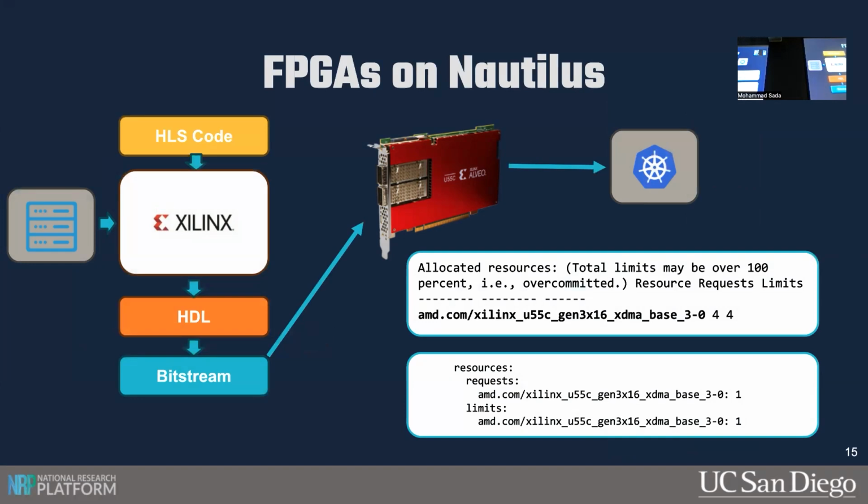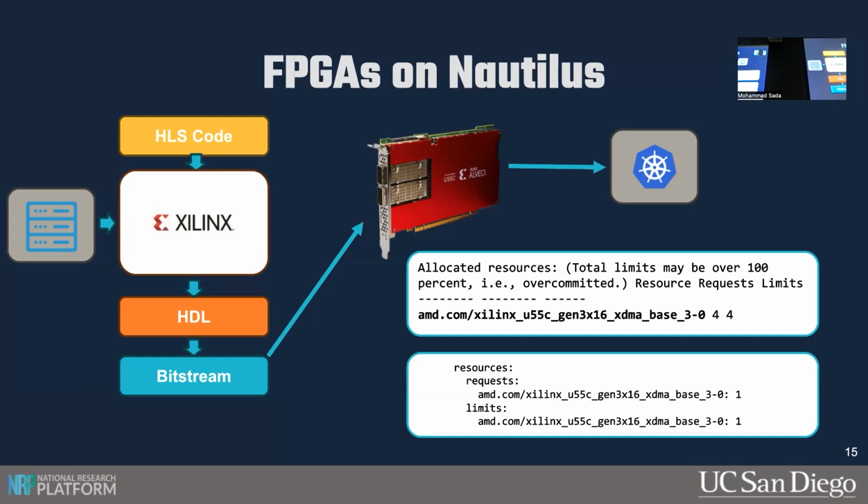If you go onto the Nautilus portal, portal.nrp-nautilus.io/resources, on the resources page, you can see all the FPGAs. There's a column that says FPGA total and a column that says FPGA free. You can see them as a resource with kubectl. You can describe the nodes and see how many are available, how many are allocated. And in your YAML, in your Kubernetes workflow, as simple as one resource request, you can provision FPGAs.